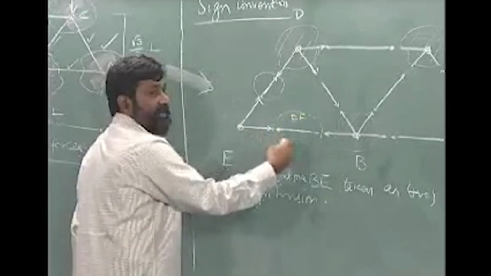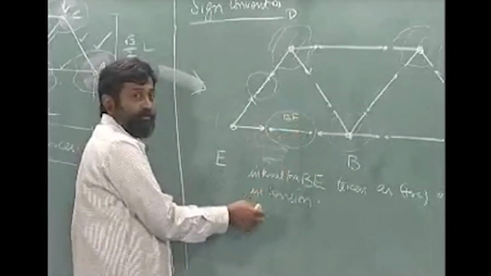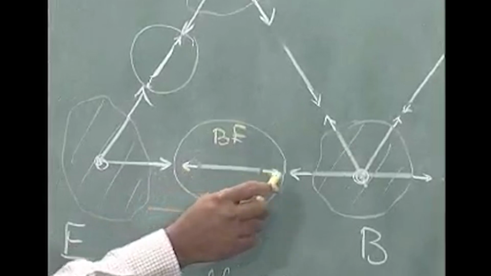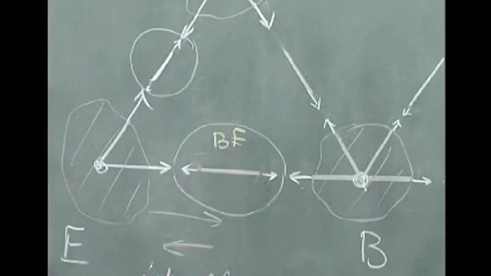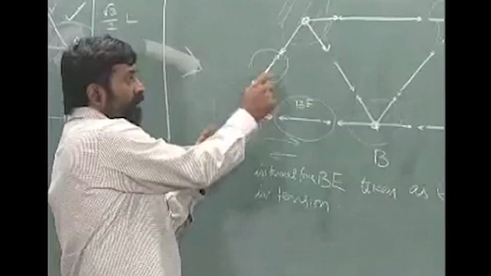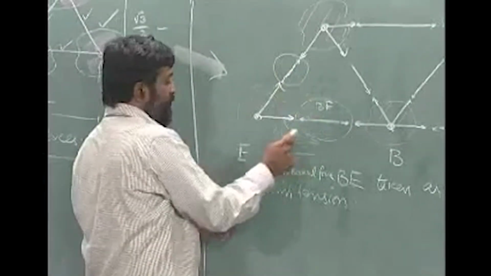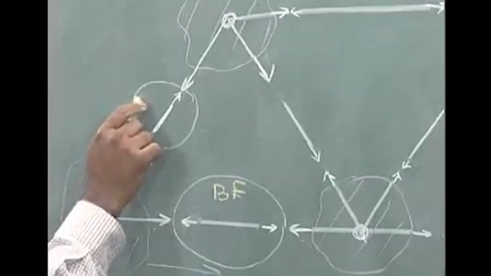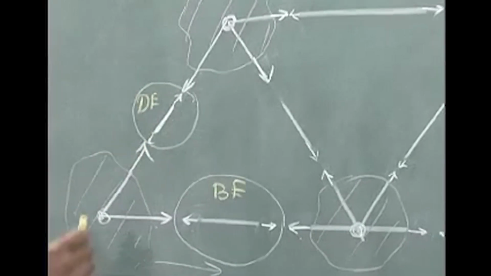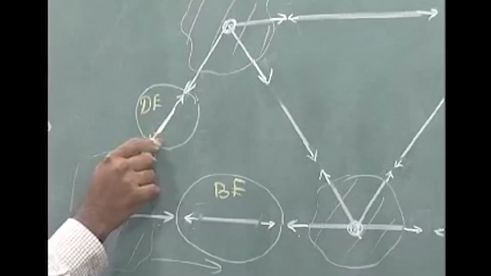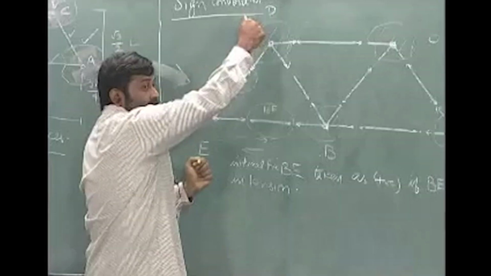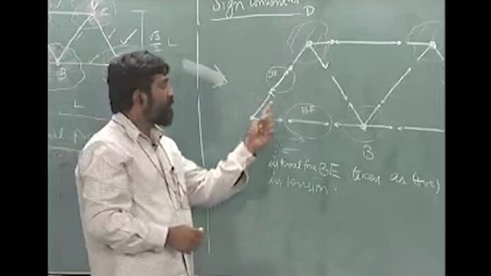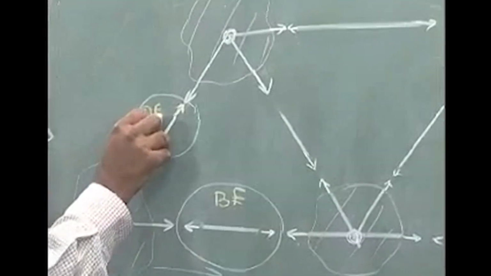I will just cut both sides, expose the force. Remember, this is an equal and opposite, this is an equal and opposite. What kind of internal force is acting here? It is a tension force. Okay. How about here? This is member DE, so this is DE. Again, I have indicated forces in such a way that this particular member is being pulled on both sides. So this is also under tension.